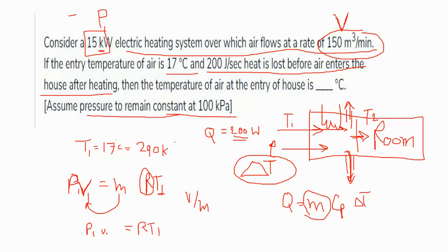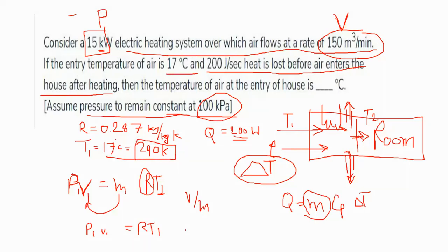So we have pressure 100 kilopascal, R we know is 0.287 kilojoule per kg Kelvin, because the working fluid is air, and the initial temperature is given to us as 17 degrees Celsius or 290 Kelvin.